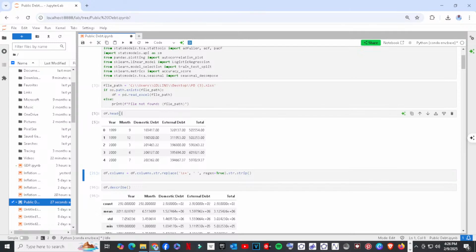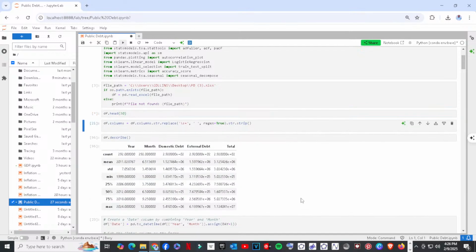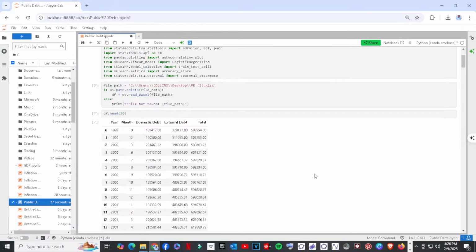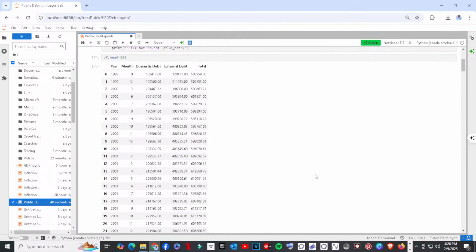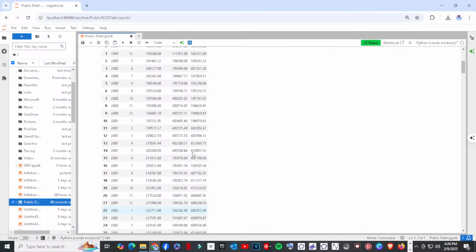We could manipulate this so that perhaps we show the first 30. Here are the first 30 entries from the Excel sheet.